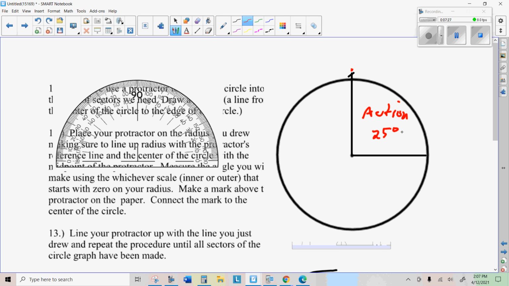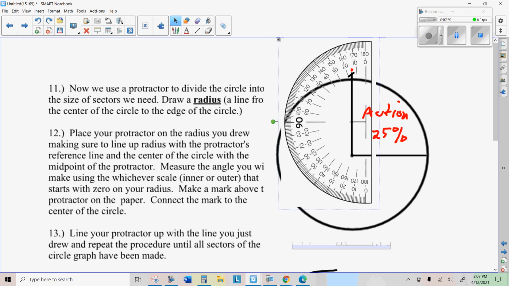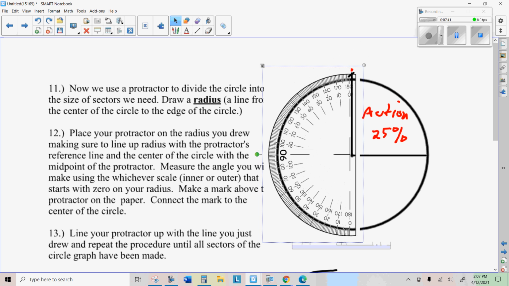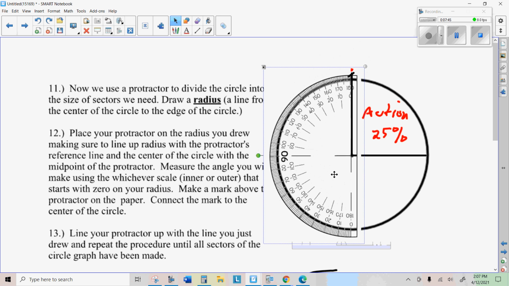Okay, I'm going to go from there and do my 72 degree angle next. So I'm just going to take my protractor again, and this time I'm going to put it right on this line, and I'm going to measure a 72 degree angle here, and that's on the small side, so 72 is about right there, and then I'm going to draw that line in.